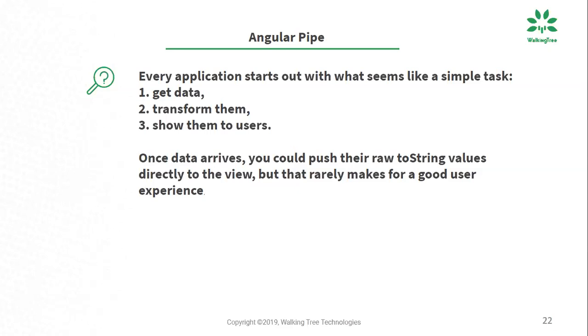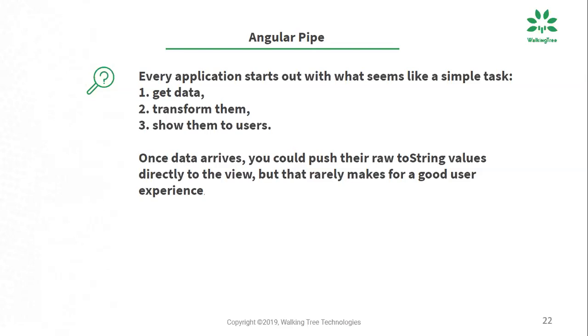Once the data arrives at the UI through an Ajax call or backend call or some internal JSON, we cannot show that data directly, right? The user cannot understand the raw data, and even if he understands, it does not make sense most of the time. So we need transformations, right? That is the main case where we can use the pipes.